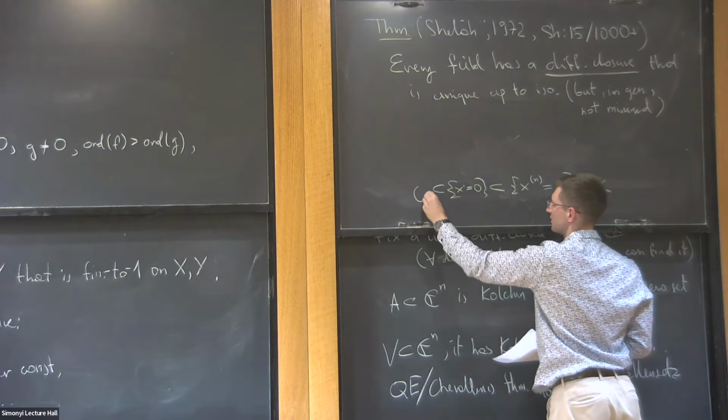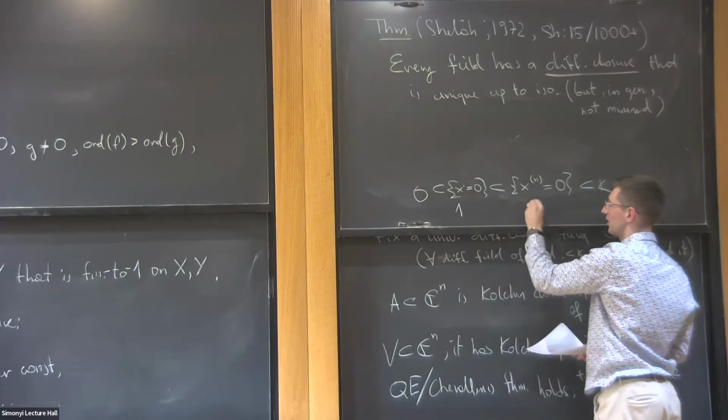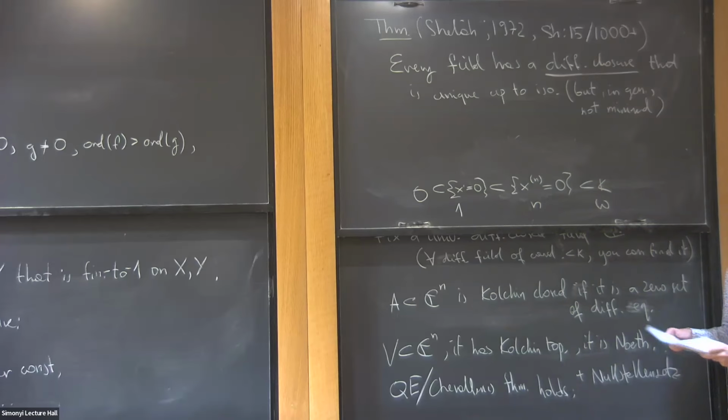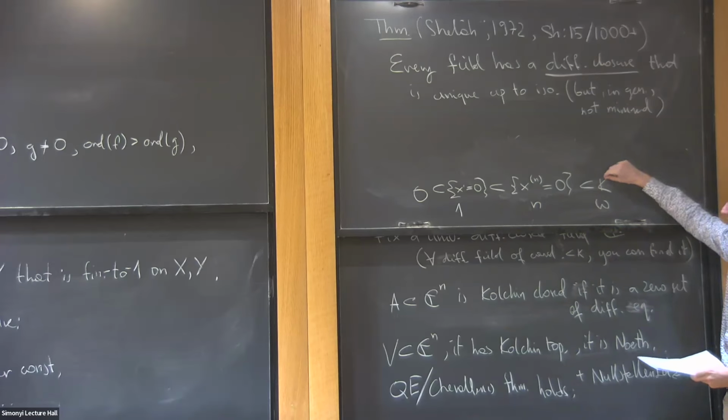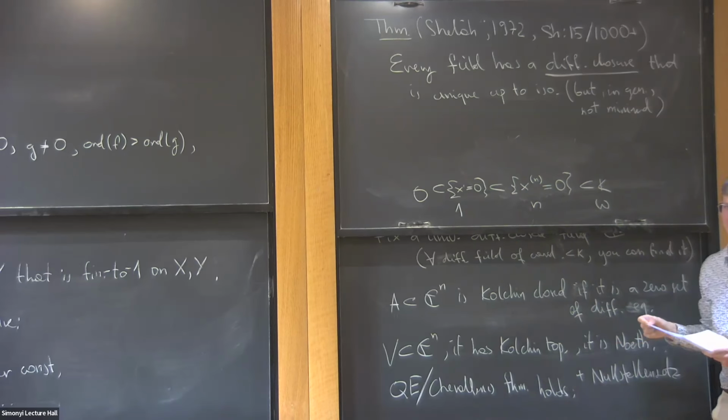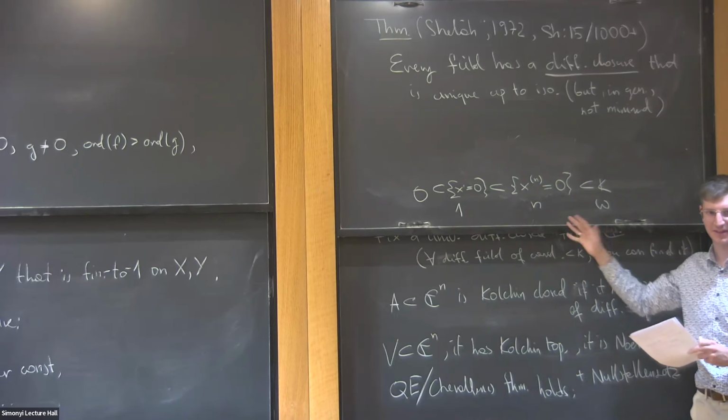And here you have constants. So this is one-dimensional, this is n-dimensional, and this will be omega-dimensional. Noetherianity tells you that if you go down, you will be able to only go down finitely many steps. But I don't know if that helps.